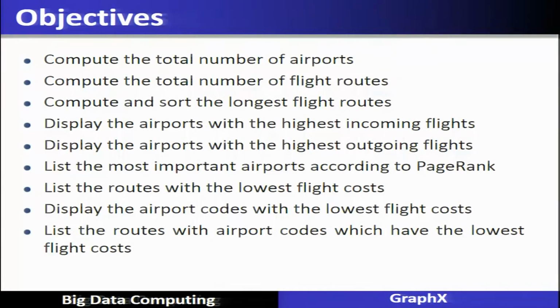The objectives of this case study are: how to compute the total number of airports in this data set, how to find the total number of flight routes, how to compute and sort the longest flight routes, how to display the airports with the highest incoming flights and the highest outgoing flights, how to list the most important airports according to PageRank, and how to list the routes with the lowest flight cost, displaying the airport codes and the lowest flight costs.